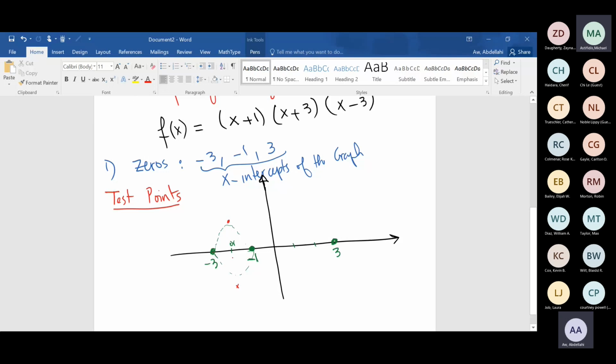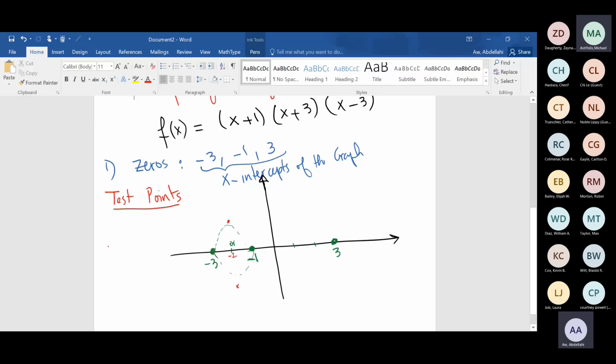You pick a very nice number between negative 3 and negative 1. Let me pick negative 2, right? Negative 2 is not as important as negative 3 or negative 1 or 3. Negative 3, negative 1, and 3 are the x-intercepts. They are very, very important. Negative 2 is just a test number. It could have been negative 2.5, negative 1.5, 1.3. Just a number between negative 3 and negative 1, right?